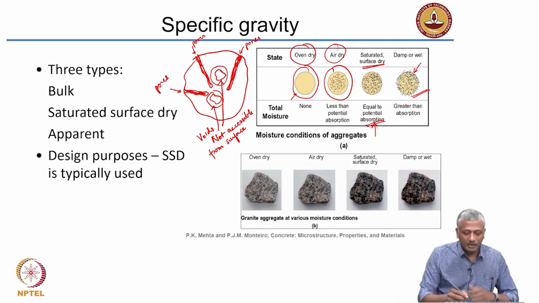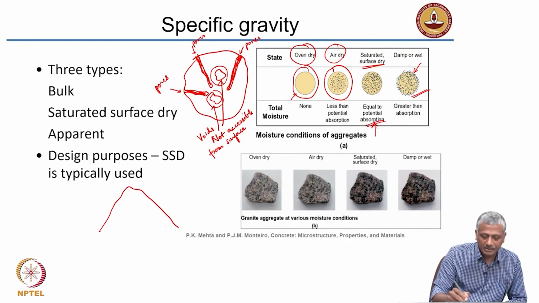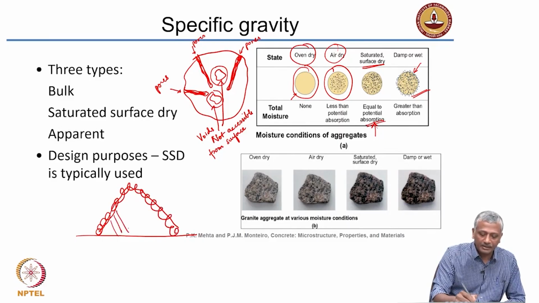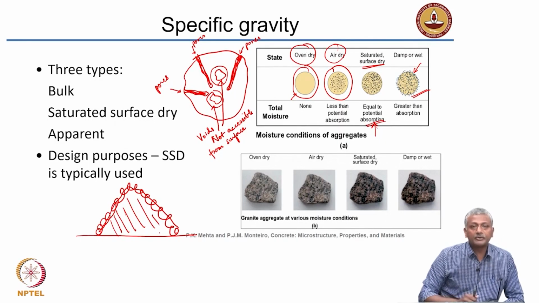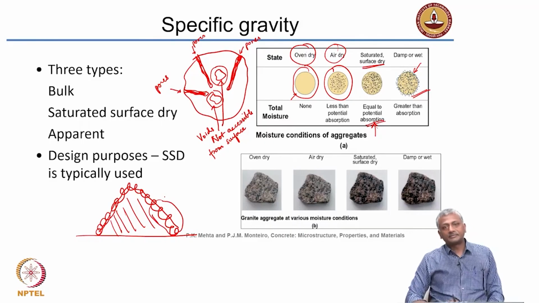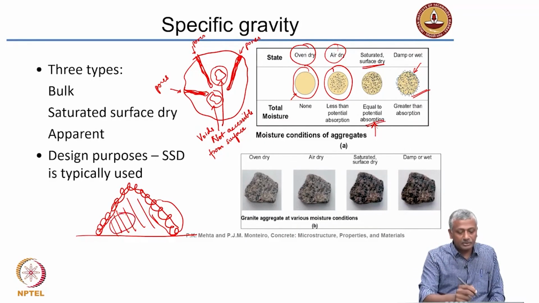So in a stockpile of aggregate sitting on the ground, all the surface aggregates are nice and dry, but all the interior aggregate is highly wet. So when you are loading it into the concrete mixer, if you take from the surface, you get all dry aggregate. If you take from the inside, you get all wet aggregate.